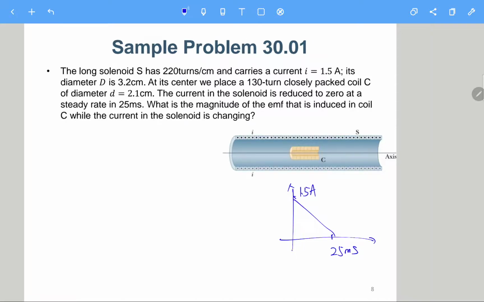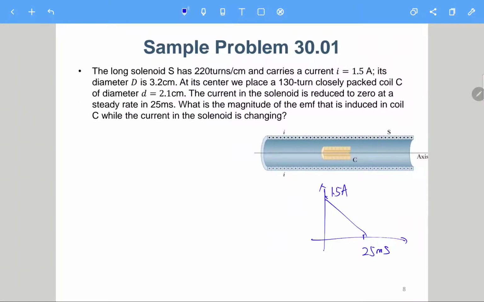Here we can see phi B is B times A, because within a solenoid we assume the magnetic field is uniform. So the magnetic flux is simplified to just a multiplication. B is mu 0 I small n, and then times A.